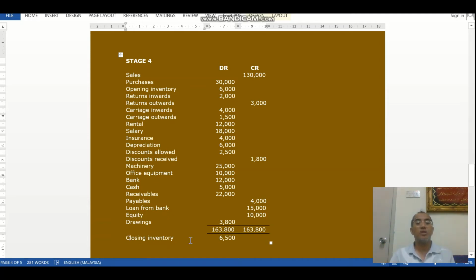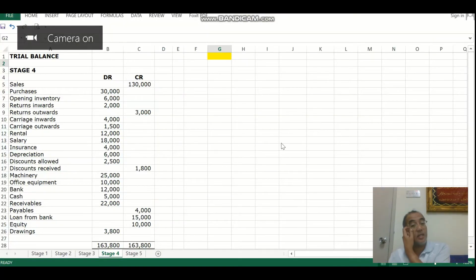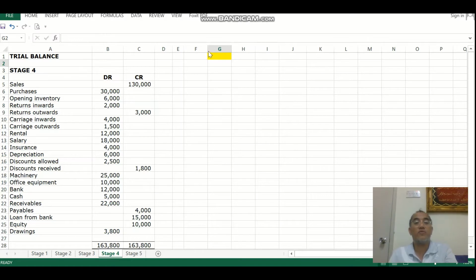Alright, so we have closing inventory, that is 6,500. Okay, now let's move to Excel. As usual, I copied from the question and put it in the Excel for easier reference. Okay, now the label, there is RMO, restricted movement order.